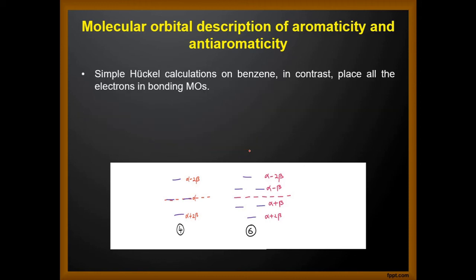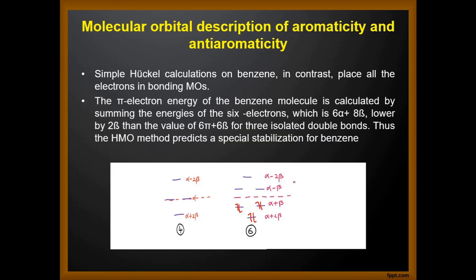On the other hand, a simple Hückel calculation on benzene places all the electrons in bonding molecular orbitals. So you can put all the electrons in bonding molecular orbitals, okay, and the pi electron energy of the benzene molecule is calculated by summing the energies of the 6 electrons. So we can sum up: alpha plus 2 beta for 2 electrons in pi 1, then alpha plus 2 beta.